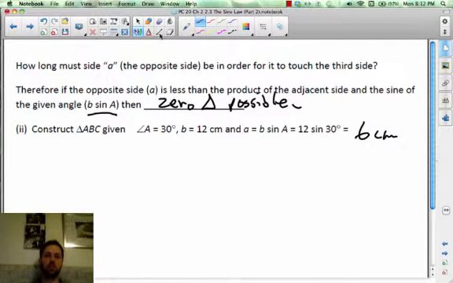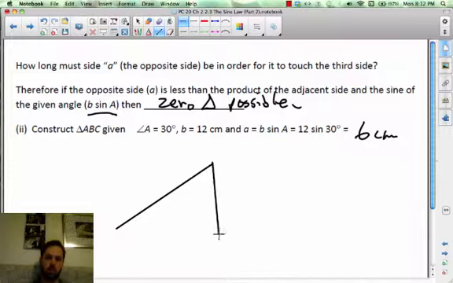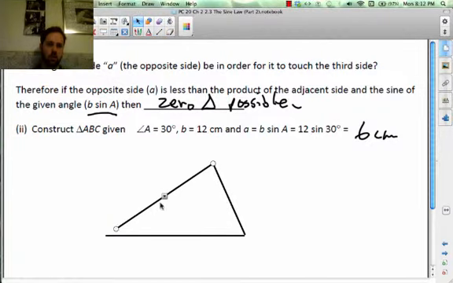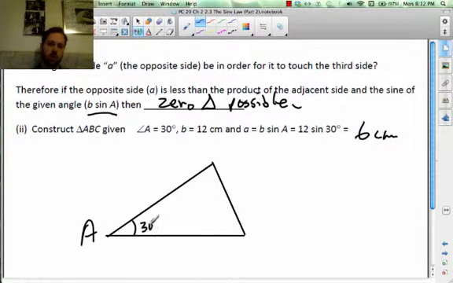So this is the scenario where we have the same type of triangle: this angle is 30 degrees, and b has a side length of 12 centimeters, and we don't know the other ones.